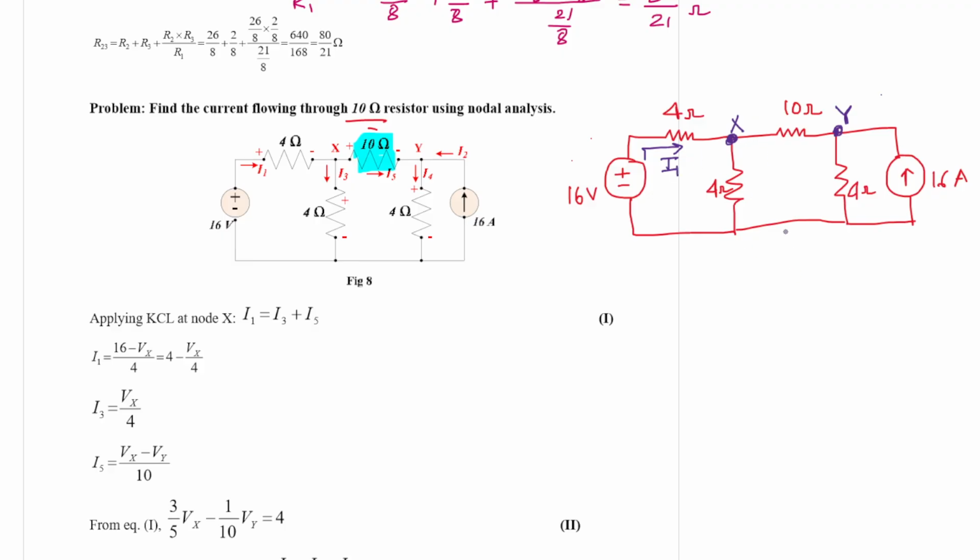And since this is the ground node, one current should be flowing from X to ground in this direction, which is I3. And from X to Y, let us say one current will be flowing in this direction, let us say I5.